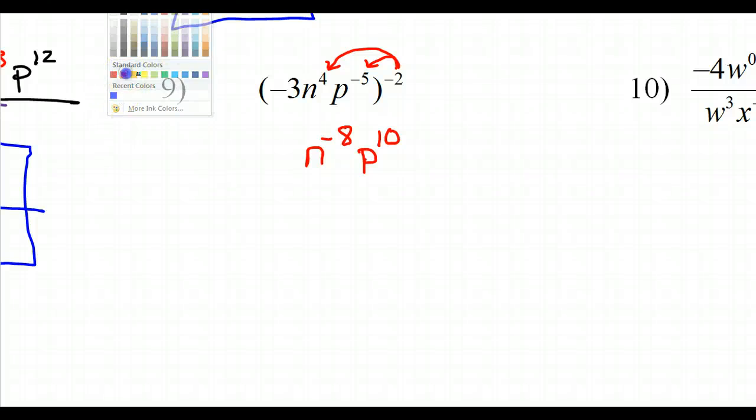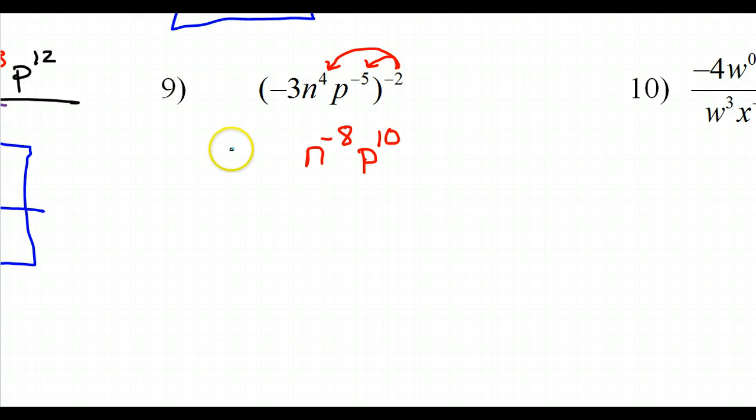So here's what I recommend. Just for a moment, just stick the -2 power on it. Just write -3 to the -2 power, just like that. And then we'll just deal with it later. And in fact, we'll deal with it now.